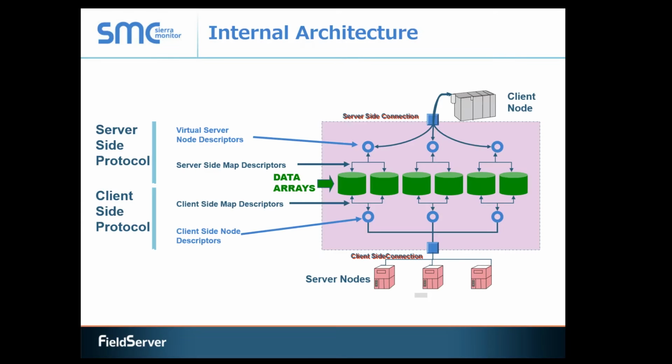So let's look at a model of how the FieldServer configuration is arranged to manage all of this. This slide will introduce the terminology used in the FieldServer configuration so that the actual configuration will make more sense when you look at it. I highly recommend that you still read through the FieldServer configuration manual found on our website before attempting a configuration.